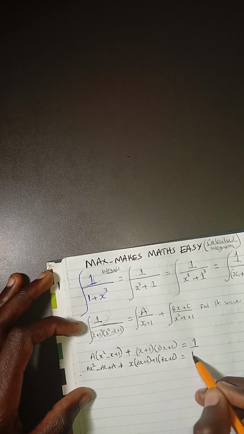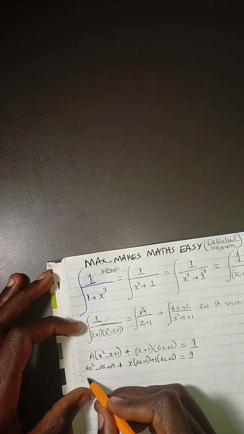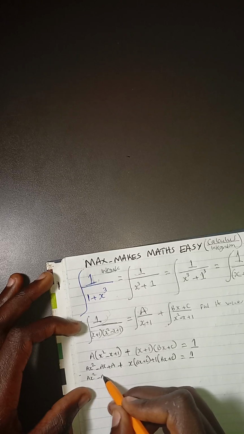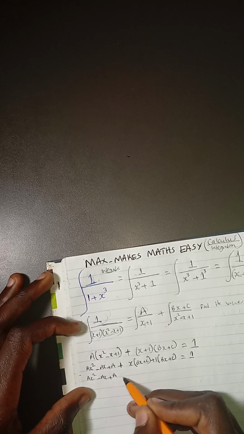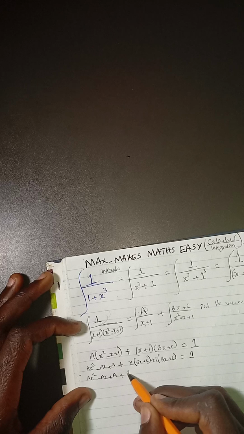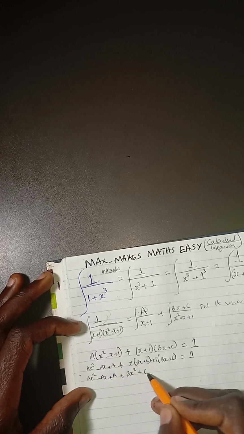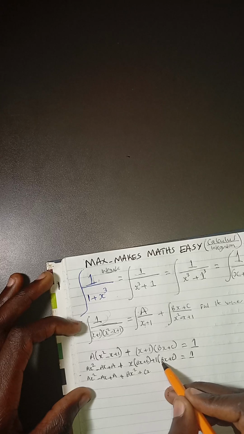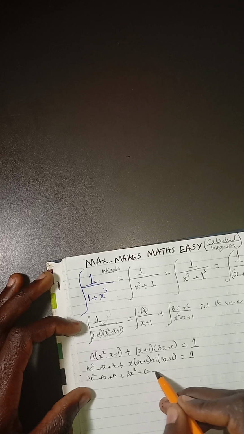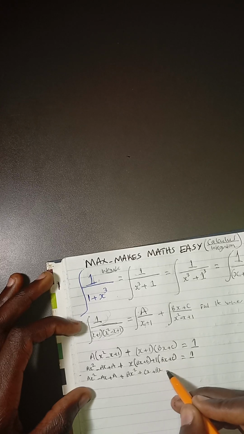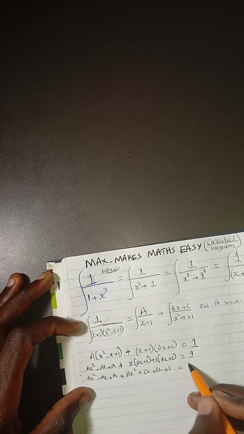This is equal to 1. Then ax squared minus ax plus a plus bx squared plus cx, then plus bx, then plus c, is equal to 1.